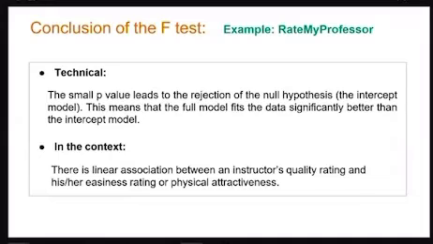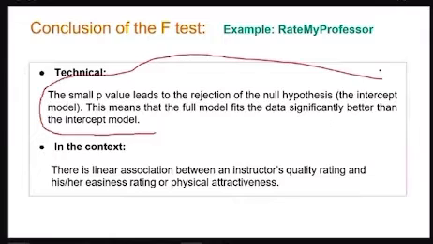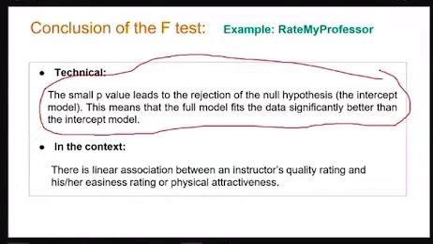And of course, in the context, what are you talking about? The technical way is when I'm just speaking statistics. Somebody in psychology or sociology or a field different from statistics may not understand that technical interpretation, and that is the reason why we need to come back to the context.